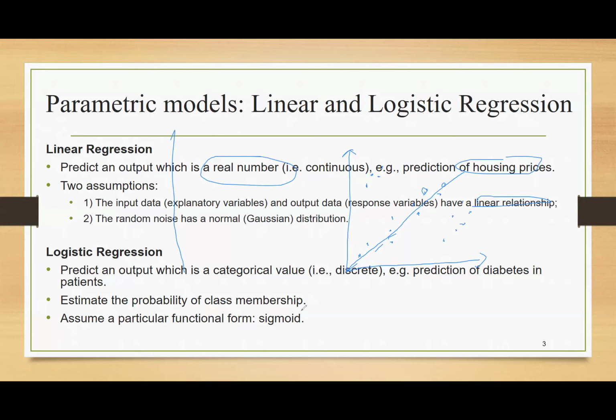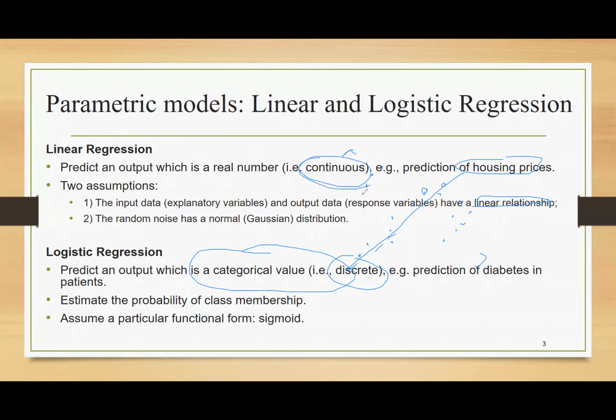And then let's talk about logistic regression. Logistic regression predicts an output which is a categorical value, so it is used for classification. That's why the output is a categorical value, and it is discrete. Linear regression, by contrast, predicts a real value, which is continuous.